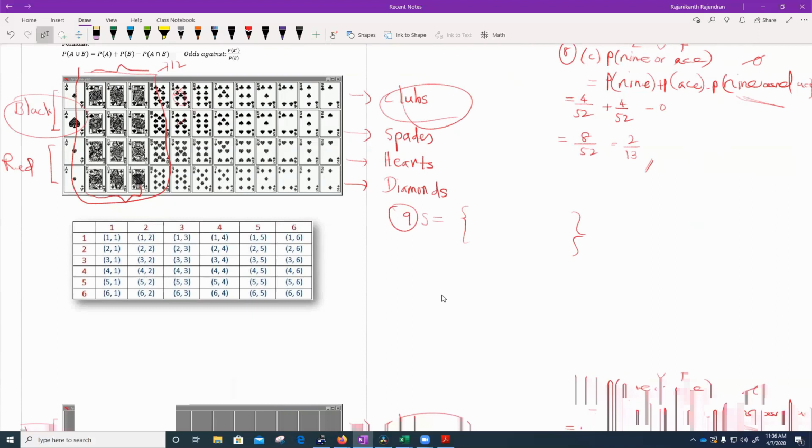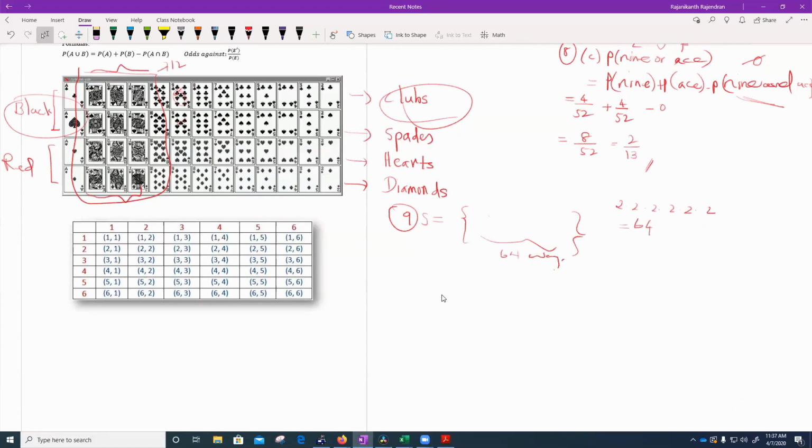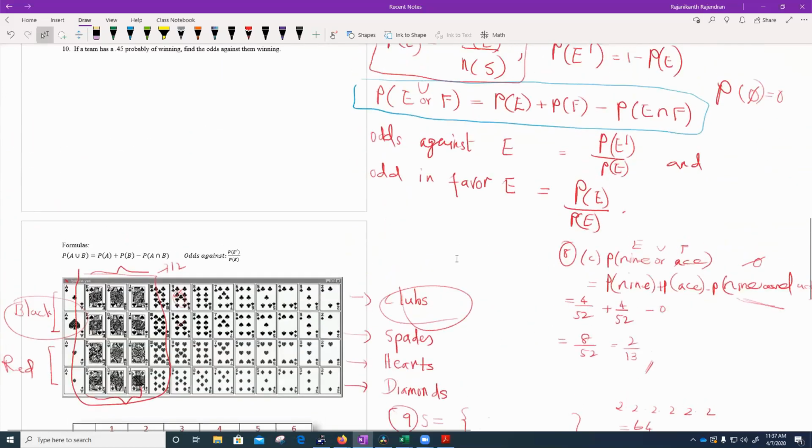Therefore, the number of ways this could happen is 2 times 2 times 2 times 2 times 2 times 2. There are six 2s because there are 6 tosses. So that should be 2 to the power 6, which is 64, right? Therefore, the number of ways this could happen is 64 ways. That is my sample space.